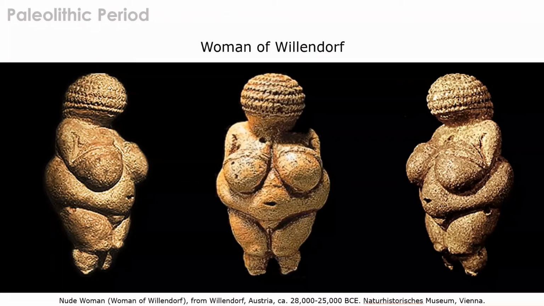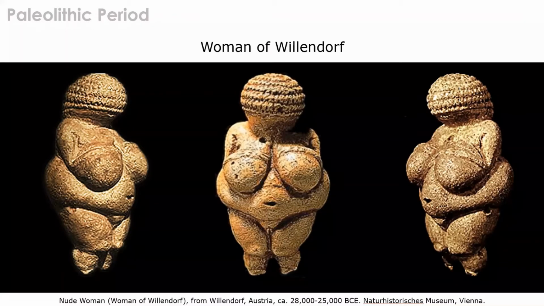This small, about 4-inch high sculpture is probably the most famous female image, Woman of Willendorf, used to be called Venus of Willendorf because of her body shape. Her breast and belly are very exaggerated, and her arms are tiny.